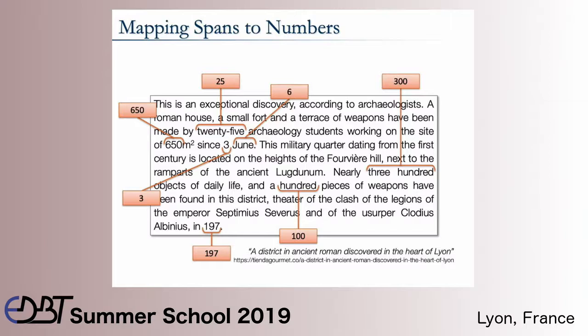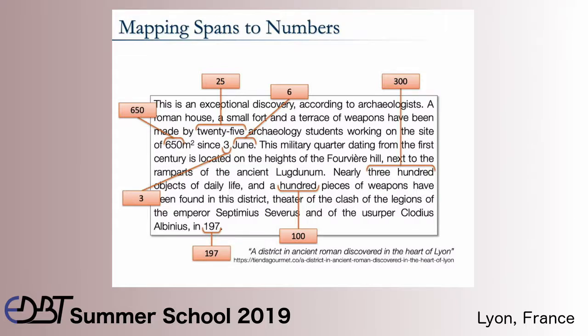The word in English, 25, maps to 25. The characters for three become the number three. And 650 out of these characters, and so on. Okay, so you can imagine that you have some process that goes into the document and extracts numbers, gives you a mapping from spans to numbers.